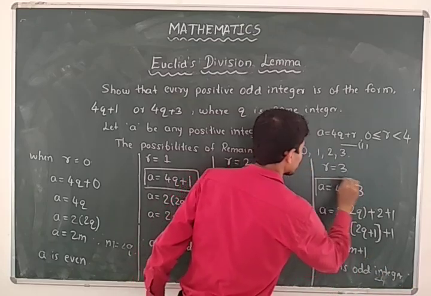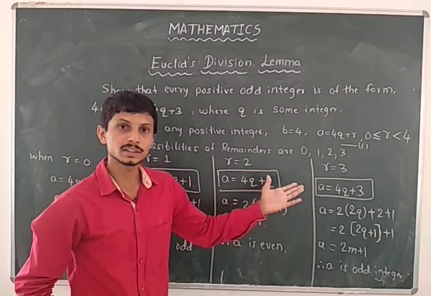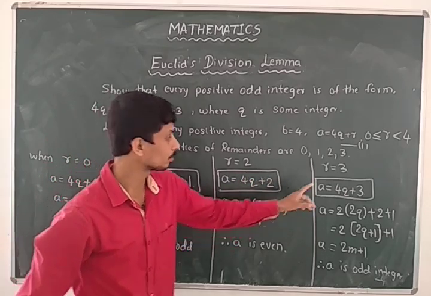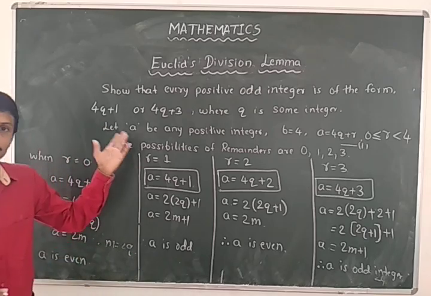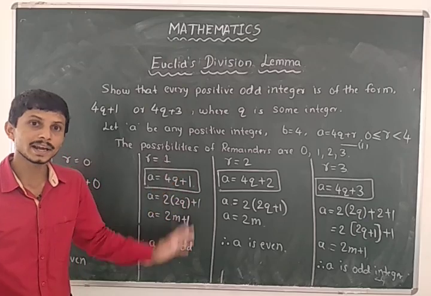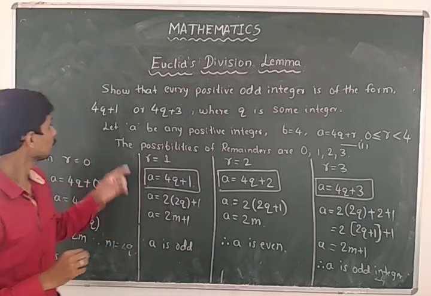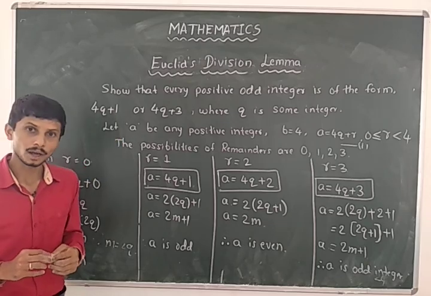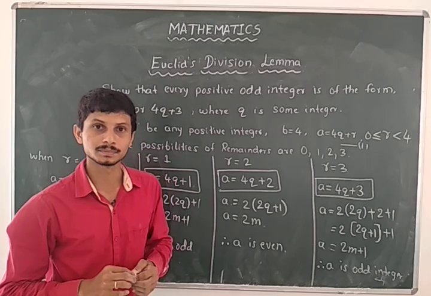So from this we understood that the positive odd integer is of the form 4q plus 3. So using Euclid's division lemma, we have easily understood that every positive odd integer is of the form 4q plus 1 or 4q plus 3, where q is some integer.